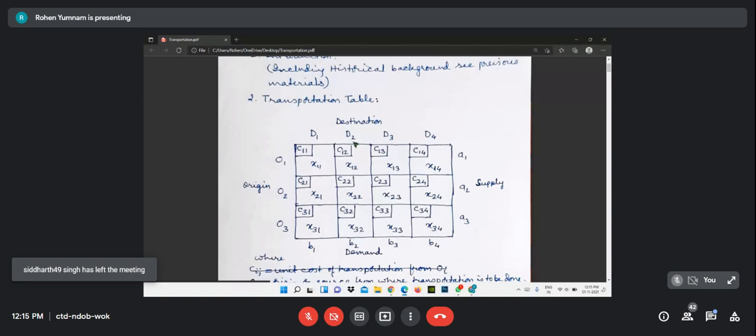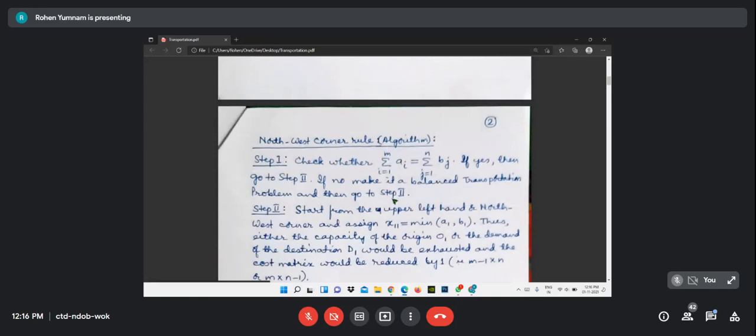And if 4 is transported to D2, then X12 will be 4, like that. And this total will definitely be equal to A1. It cannot exceed A1. It should be exactly equal to A1.